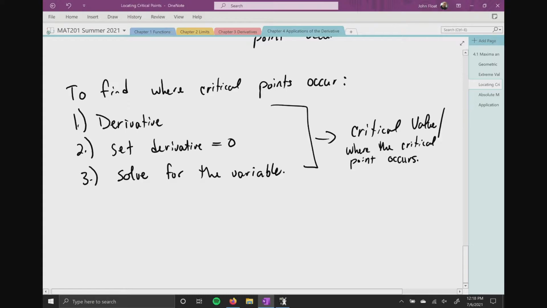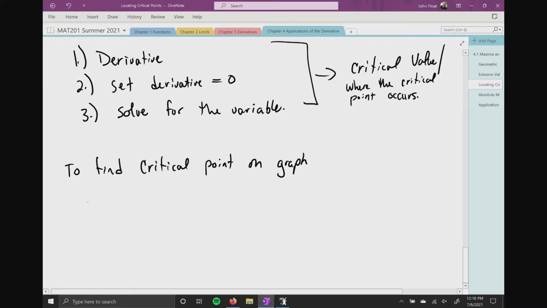If they're asking for the specific critical point itself, so to find a critical point on the graph, use the critical value in the original function.